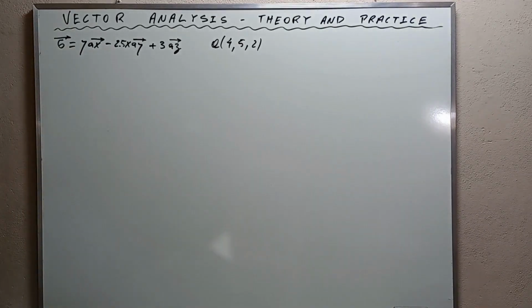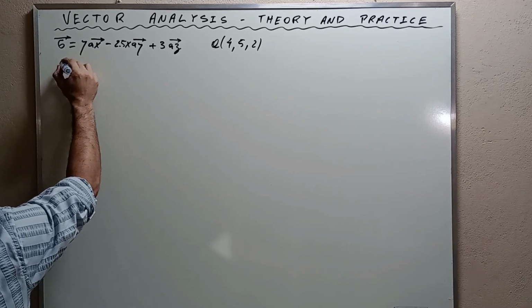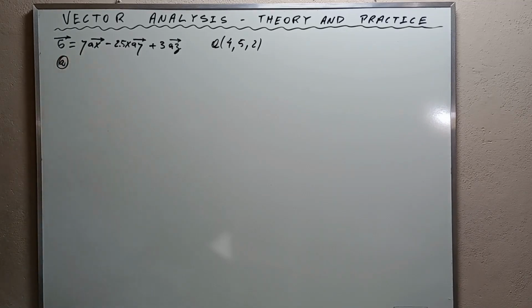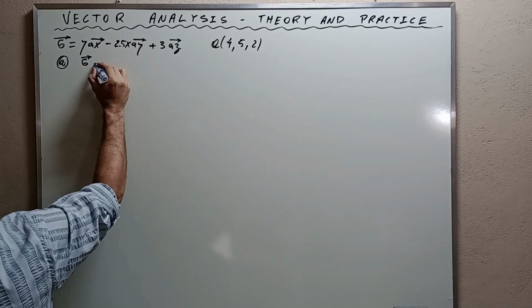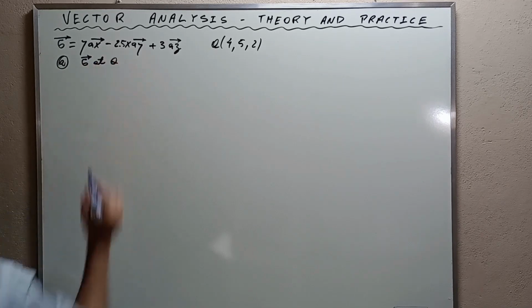Consider the vector field G equal to y in the x direction minus 2.5x in the y direction plus 3 in the z direction, and at the point Q, 4, 5, and 2. Find, in letter A, G at Q.